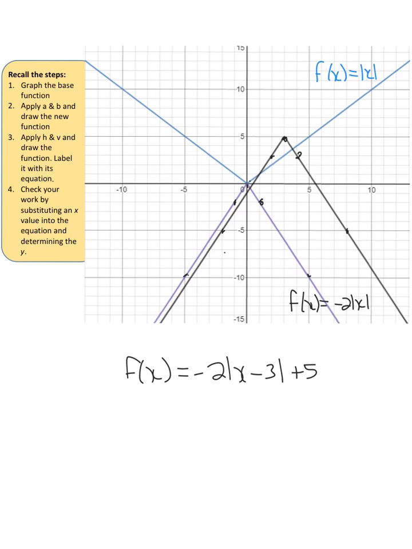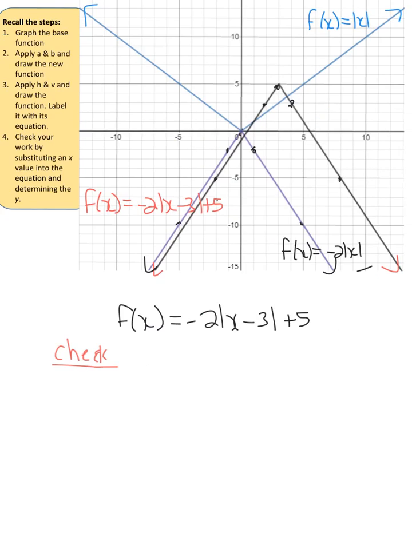So now that you have a few key points, you would draw your function between those points and then make sure you label it. And your label can be neater than mine. On paper, it's a bit easier. And then you can do step 4, which is to check a point. So if I was to choose when x is 8, I should get a y value of -5 when I put 8 into my function.